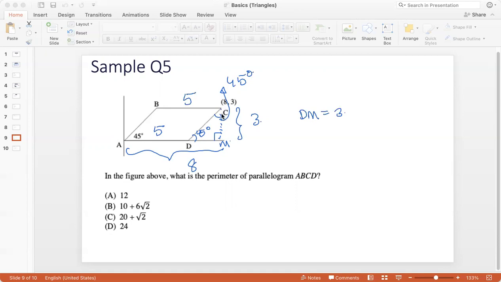DC is the hypotenuse of a right triangle with sides 3 and 3. So this would be 3 root 2. And so AB will also be 3 root 2. So what is the perimeter? It is 5 into 2 plus 3 root 2 into 2, which is 10 plus 6 root 2, option B.